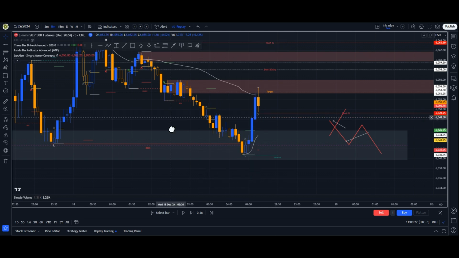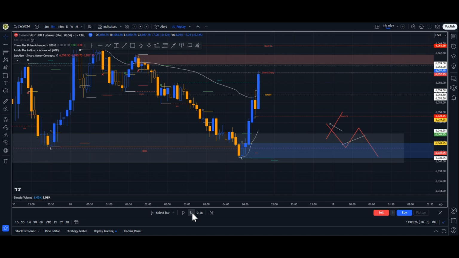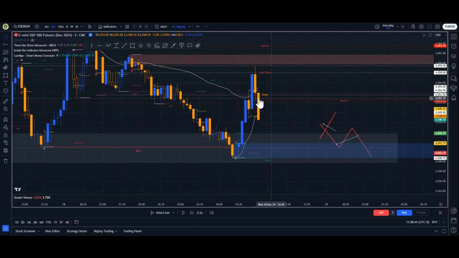Okay, then it continues, and then again there is a bearish candle that closes below the VWAP. So we'll keep this as our TSL, and we would have gotten our exit here.